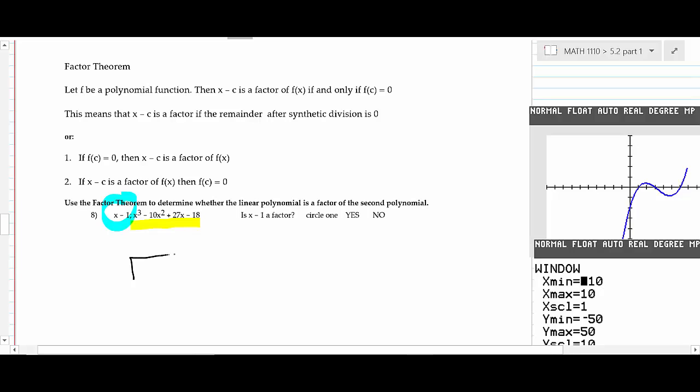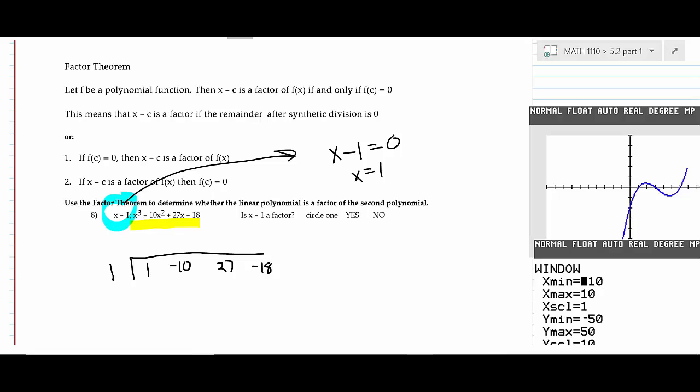So we're going to set up synthetic division again. We're going to have x cubed, which is 1. We have negative 10, 27, and then we have negative 18. Now again, we did this a minute ago, so x minus 1 equals 0. That means you want to divide by x equals 1. Here's what happens when you do the factor theorem.